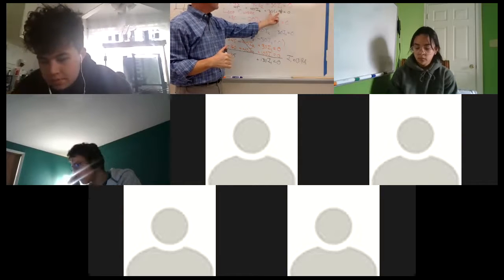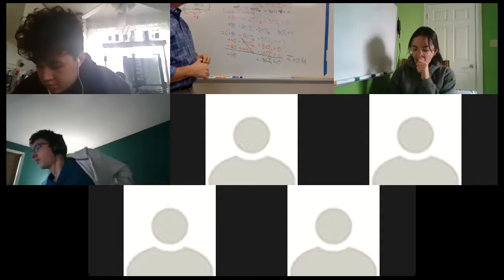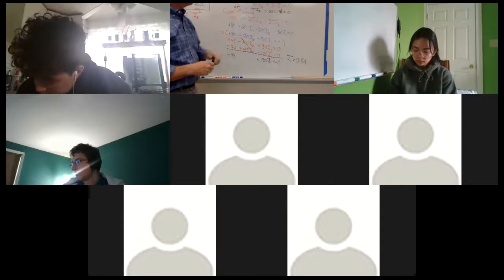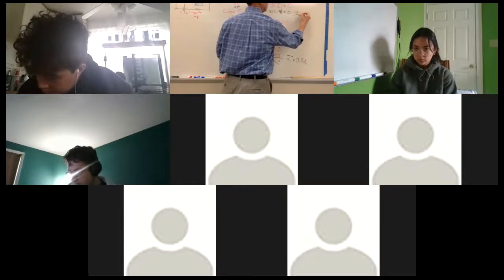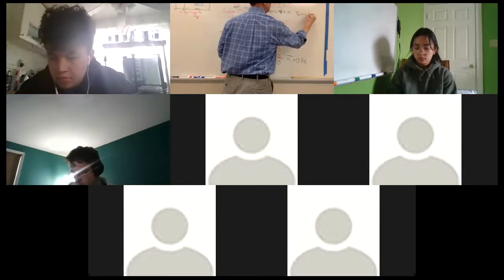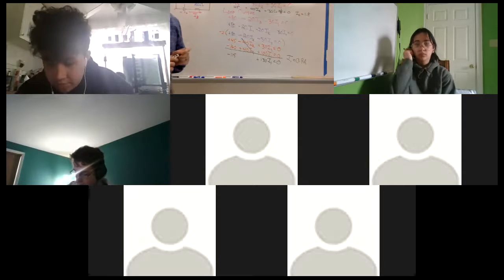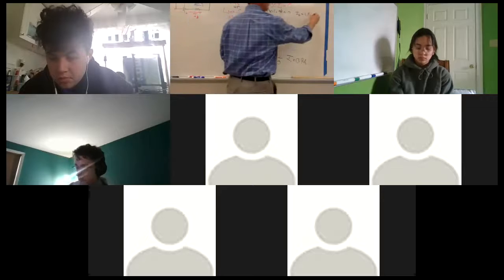That's 27. 27 plus 45 is 72. 72 divided by 40, I2 equals 1.8, if I'm doing my math in my head right. Right, 1.8 amps.